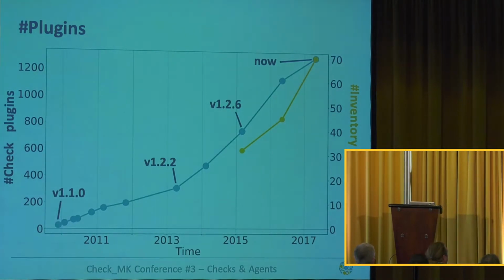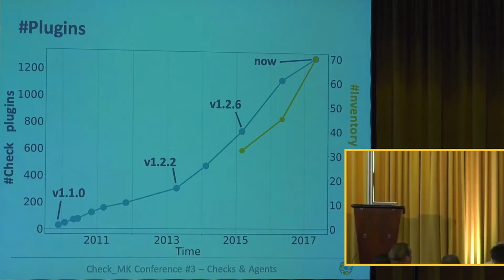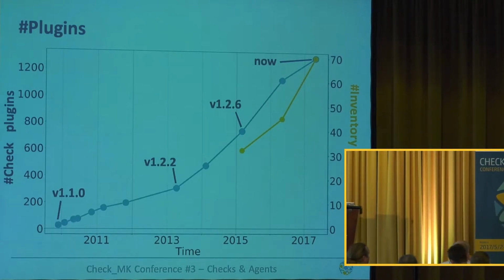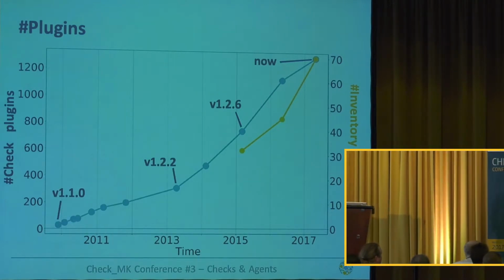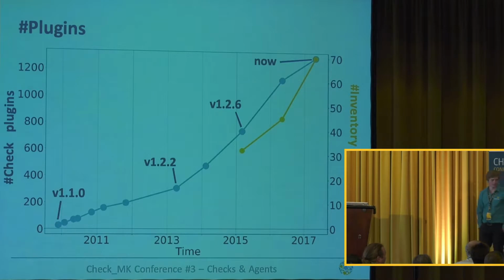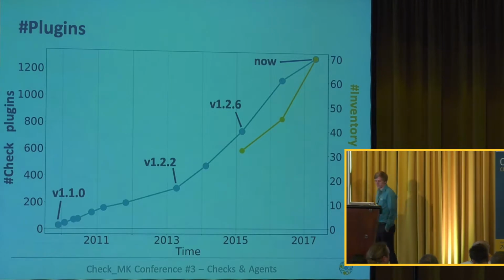Okay, one thing that might be interesting in terms of information is a graph that I prepared for you, starting with version 1.1.0, end of 2010. It was about 30 check plugins, and version 1.2.6 was about 700, and today we're at 1,300.